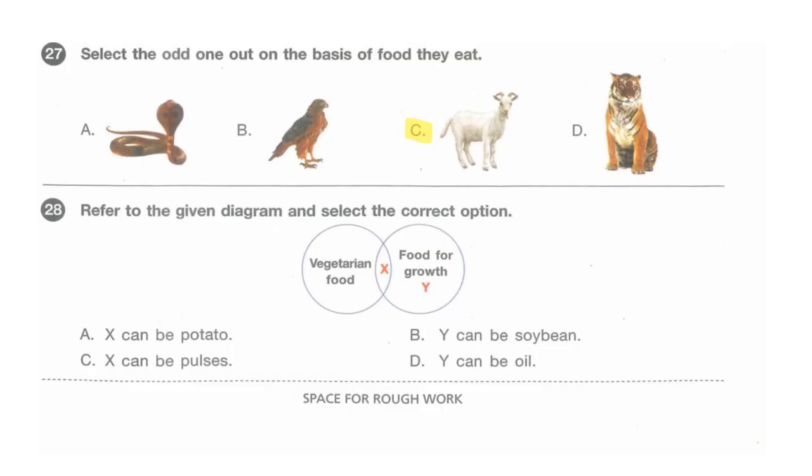So in the diagram, please make sure that X follows both. It is a vegetarian food and also food for growth, and Y is only food for growth. So this is the most important part, how you classify X and Y from the diagram, and select the correct option accordingly.